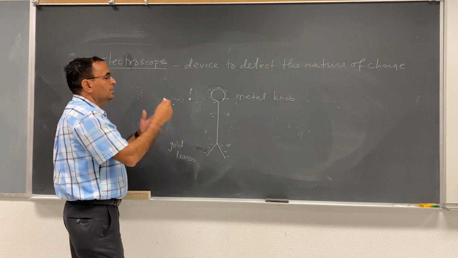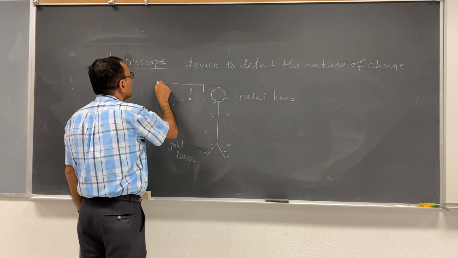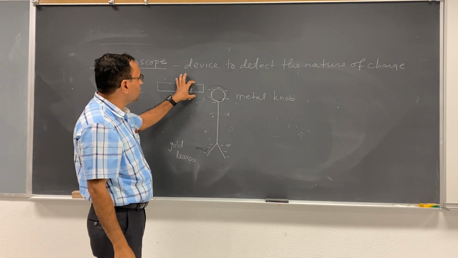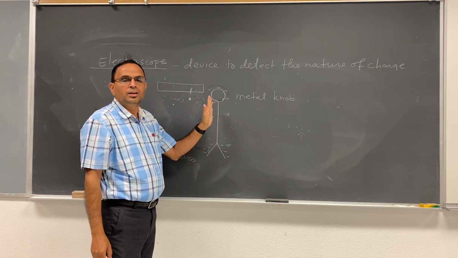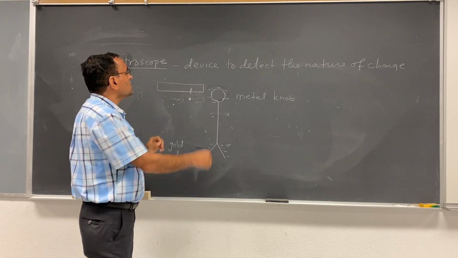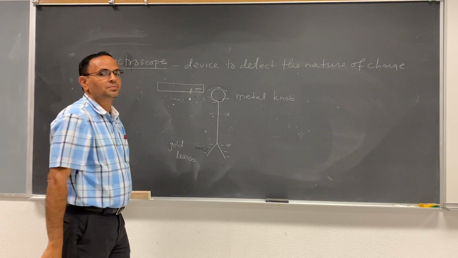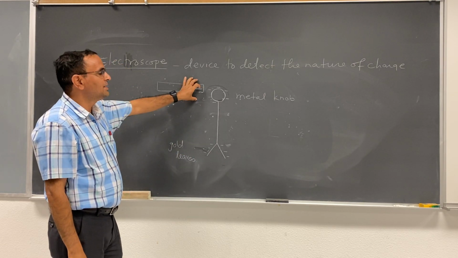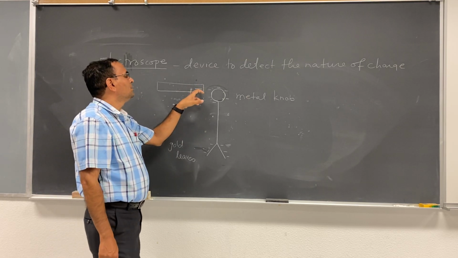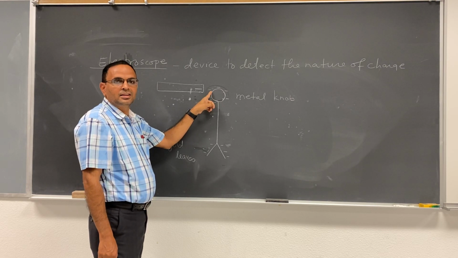Now you have to detect the charge. So let us suppose this rod. If this rod is neutral, nothing happens. Then, if this rod is negatively charged, this negative charge repels this negative charge, right?